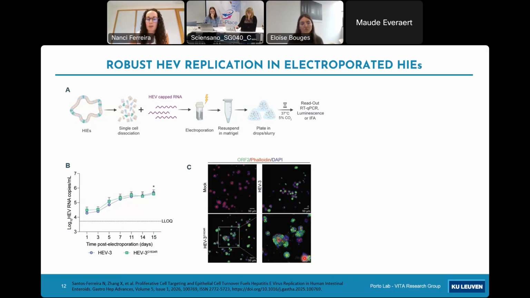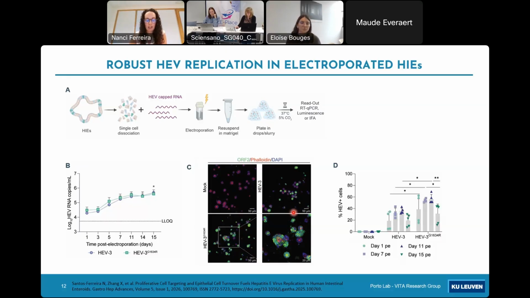But we also observed with immunofluorescence an abundant presence of HEV capsid protein in these enteroids. And when we quantified this infection with high content imaging, we also see an increase in the percentage of infected cells over time, which corroborates what we see in the supernatant.